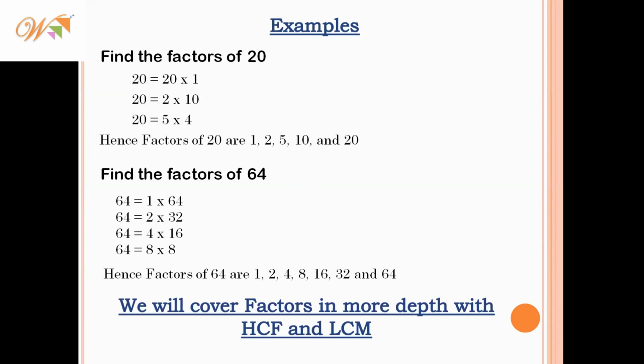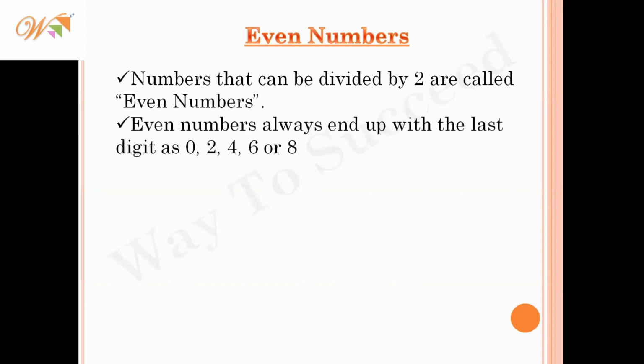Our motive here was to make you understand what are factors and multiples. Because now we are going to learn about divisibility test. And for divisibility test, you need to have the understanding of factors and multiples. Okay, now before I start with divisibility test, let's quickly revise what were even numbers.